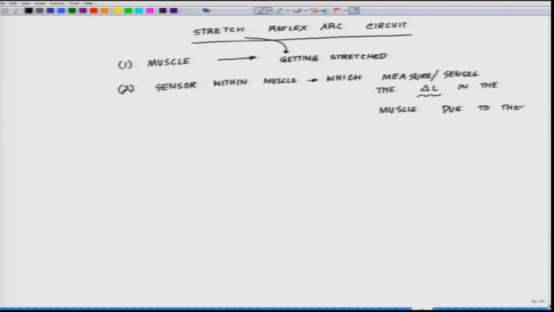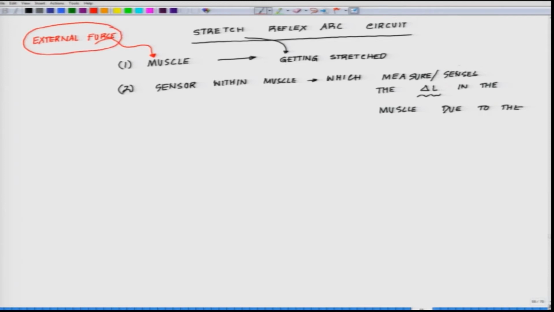Oh, by the way, I forgot to mention something. There is an external force which is leading to the stretch, okay? There is an external force.